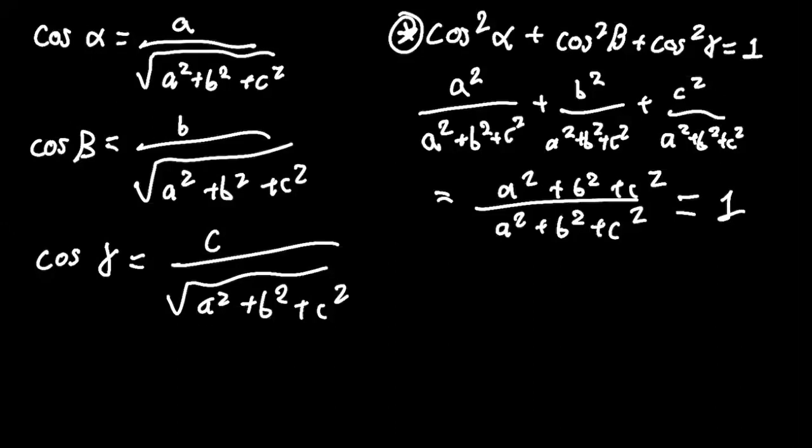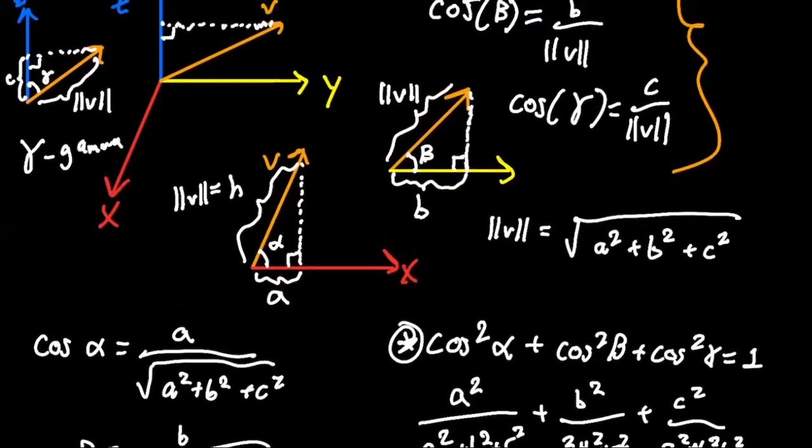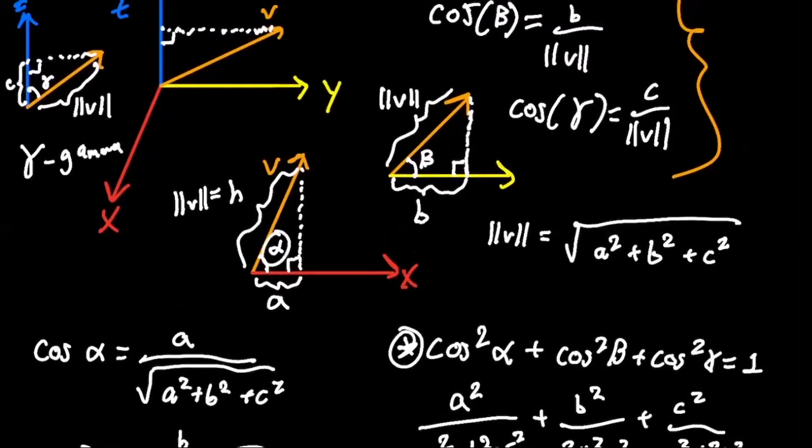So a couple of quick notes. When we consider these angles alpha, beta, and gamma, they are going to be bounded between 0 and, if we use degrees, 180 degrees. So alpha is between 0 and 180 degrees. So if we go back up here, we can see alpha is drawn here in terms of the x-axis.